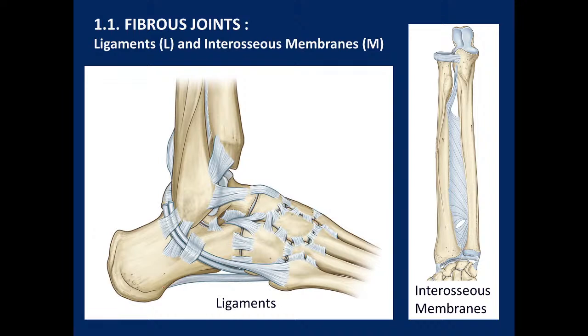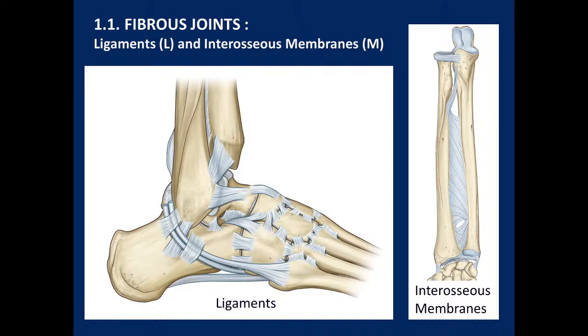The adjoining connective tissue can vary from small fibrous strands to large, thick bands to extensive membranous sheaths. There are three types of fibrous joints: ligaments, interosseous membranes, and sutures.